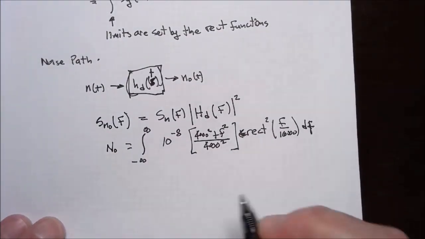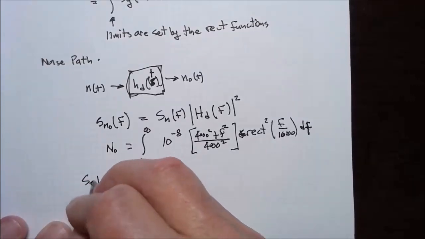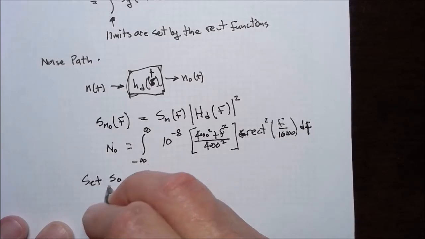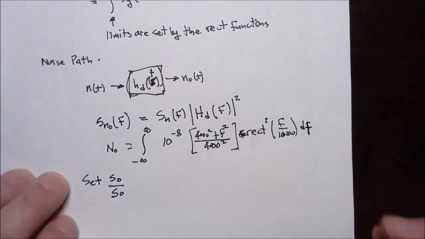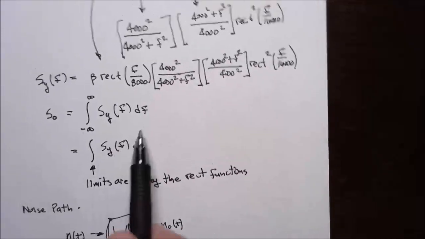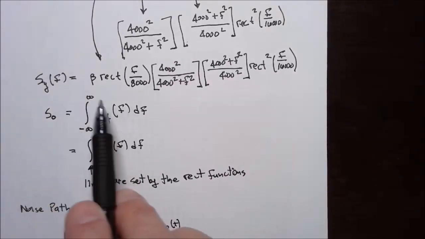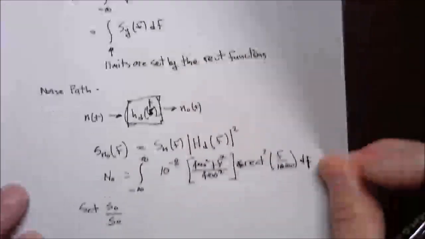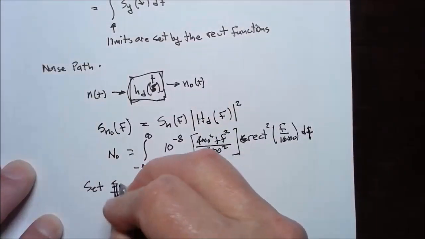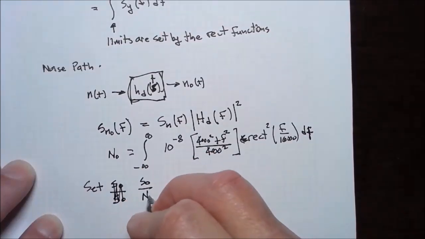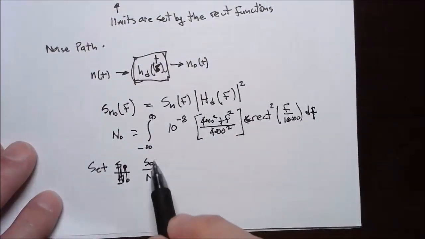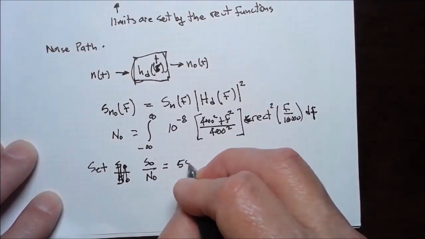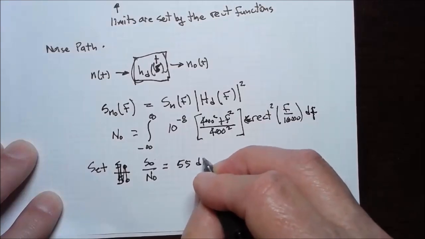Then what you can do is set the signal out to noise out. So the result from this calculation will be a function of beta and a certain frequency range. We'll see this is signal out to noise out, and you calculate the noise out. Set the signal to noise ratio equal to 55 decibels.